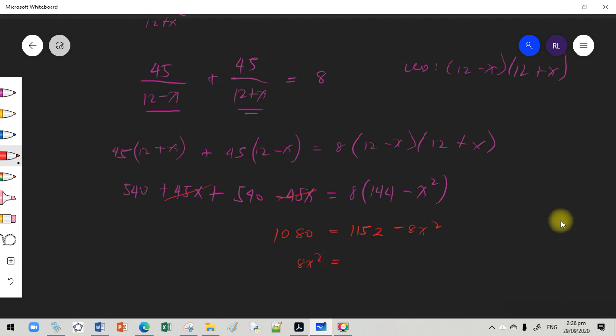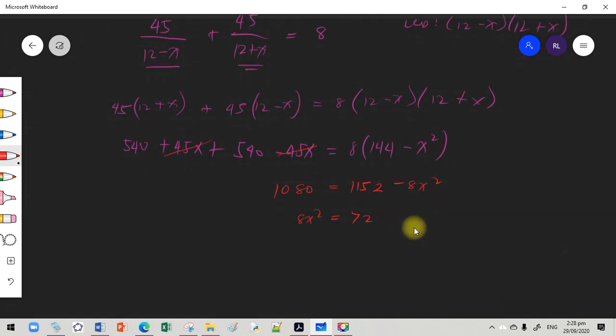1152 minus 1080 is 72. So we can further divide this by 8, and x squared equals 9, and the square root of 9 is 3.